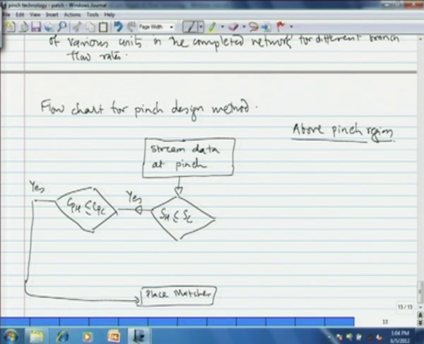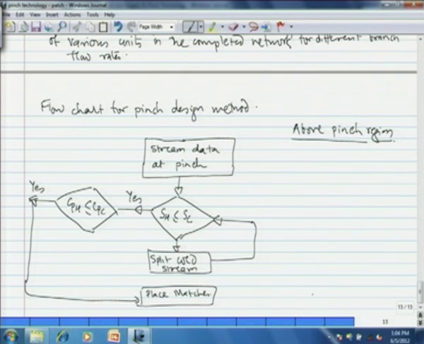Now, if the stream population is not satisfied, then you have to go for splitting of cold streams, and then once again check whether the stream population criteria and CP inequality criteria are satisfied. If the CP inequality criteria is satisfied after splitting of cold stream, then you can go and place the matches.